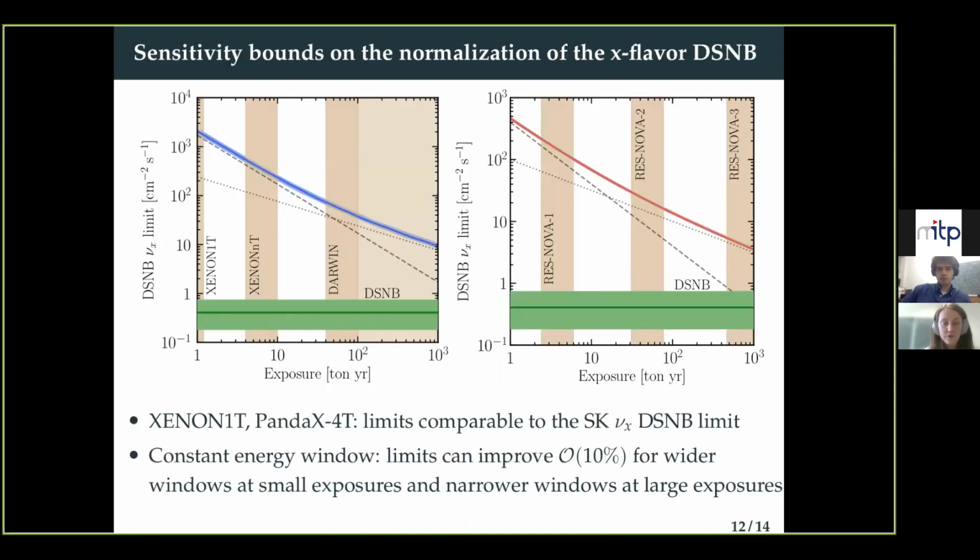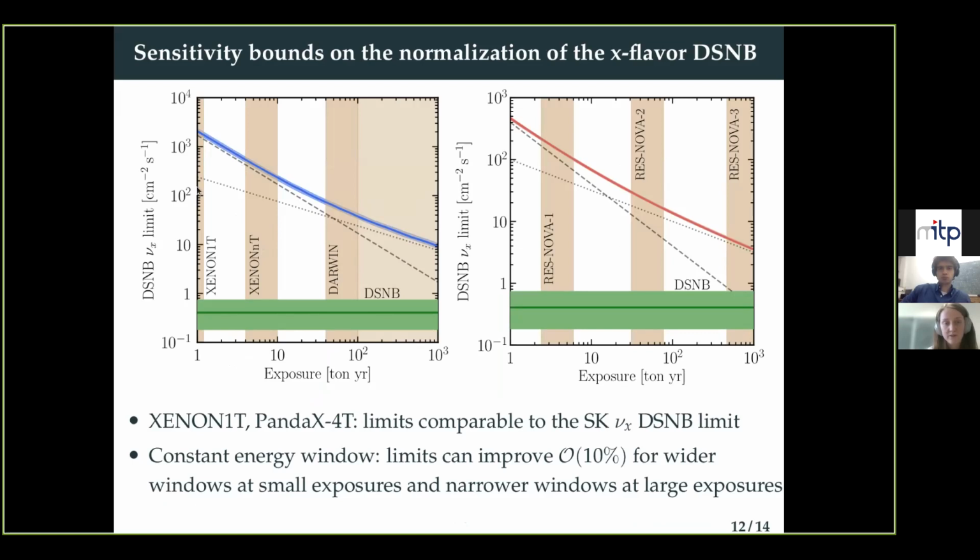Now you can see on both plots how the limits on the DSNB X-flavor component look in xenon and then lead-based detectors if we just increase the normalization of the model DSNB flux.